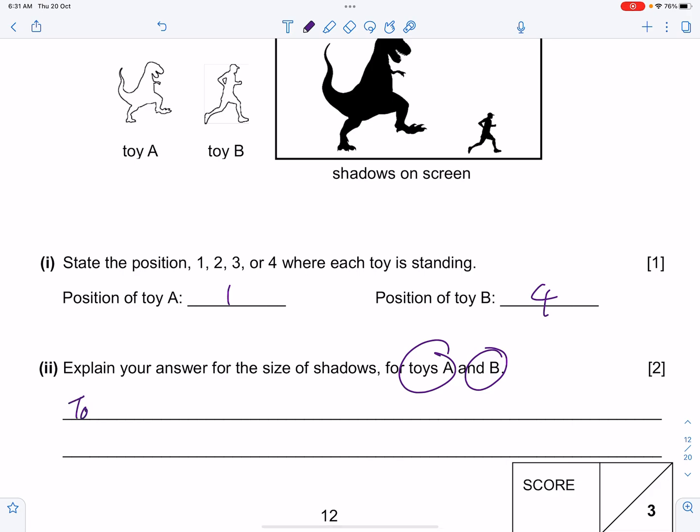So what you need to say is that toy A is nearer to the light source, so it has a bigger shadow, right? It increased in size.